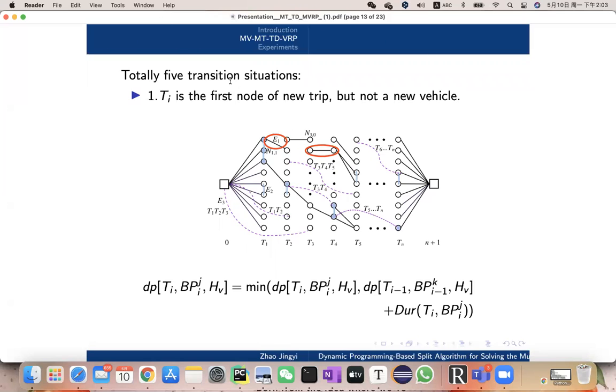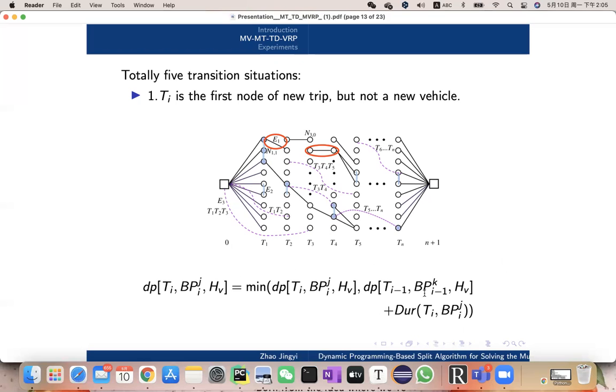The first transition is when Ti is the first node of a trip, and it is the only node served by this trip. So it means we depart from the depot, visit Ti, and then go back to the depot. The total travel cost from depot to Ti is this.